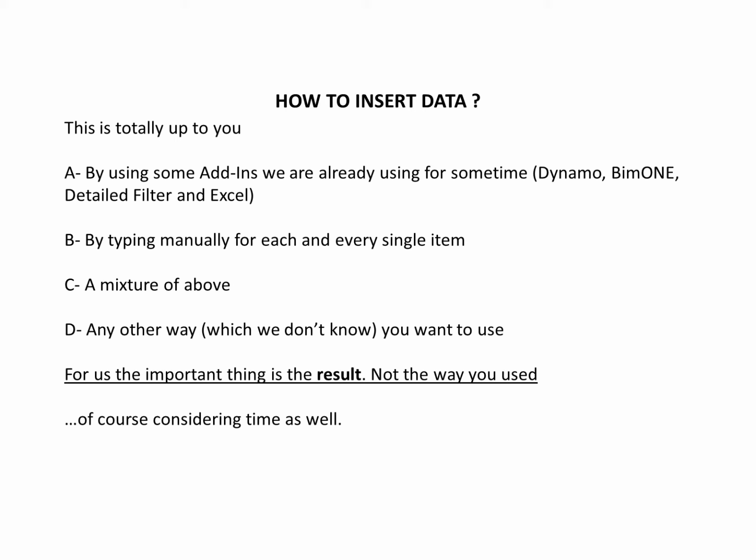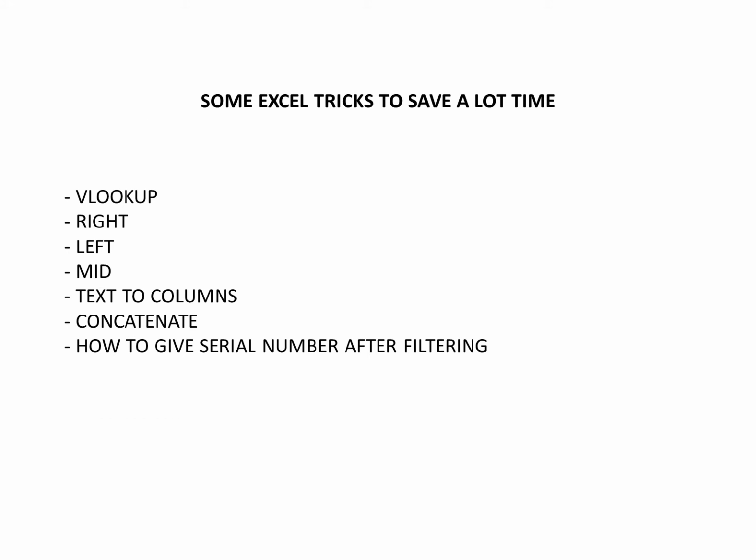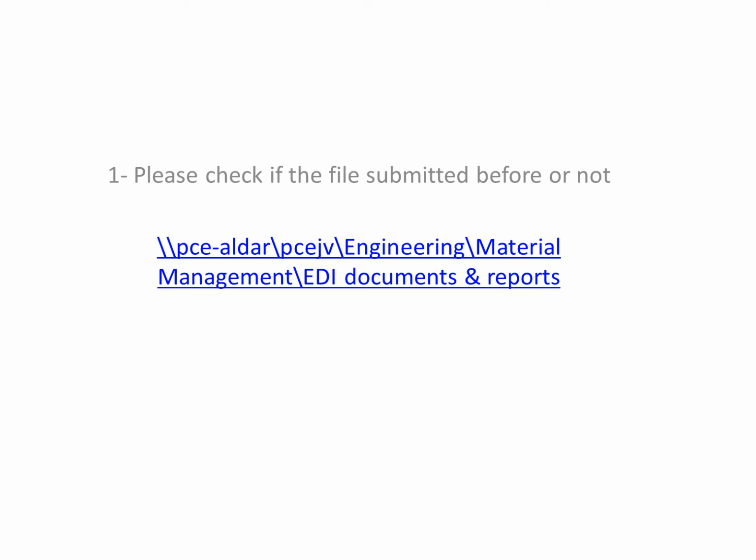For us, the way you use is not important. The result is important: whether that information is being implemented or not. I'll prepare something about this Excel, which will help you later on.